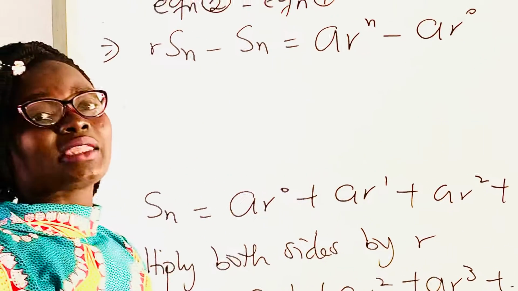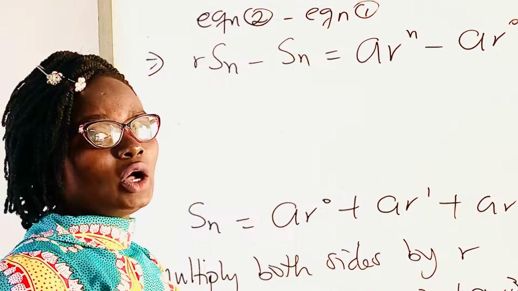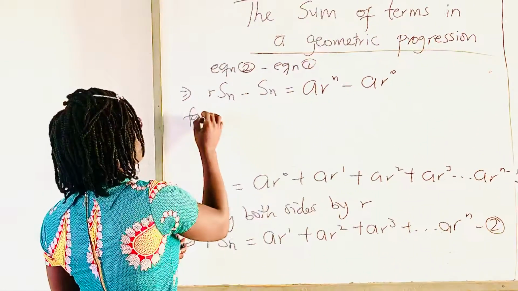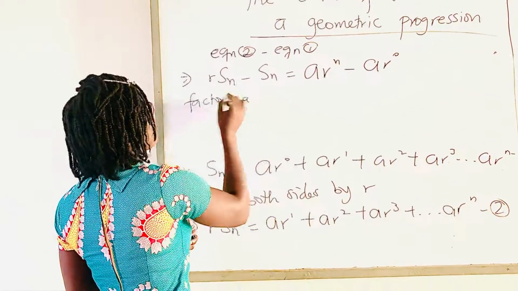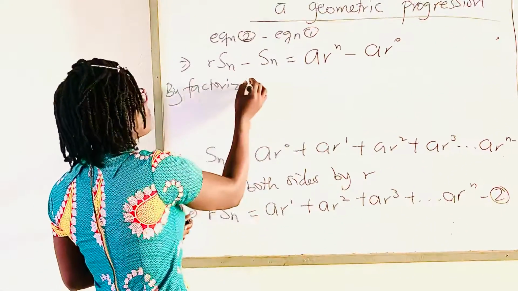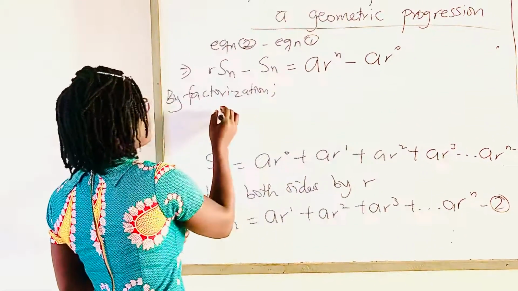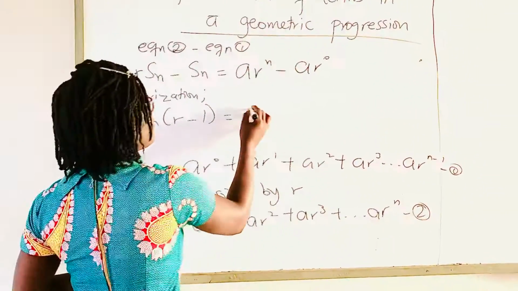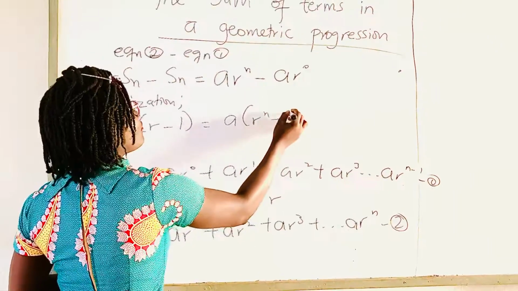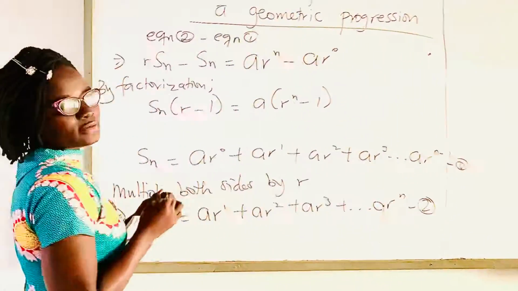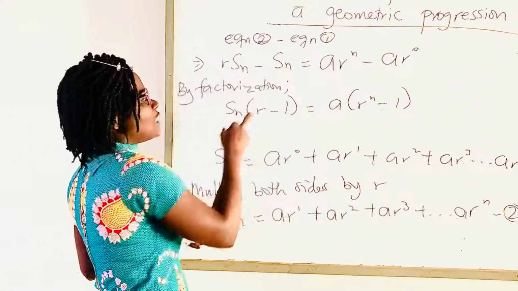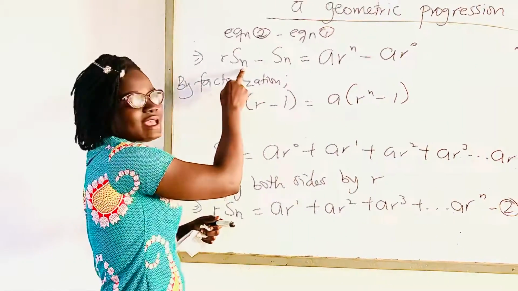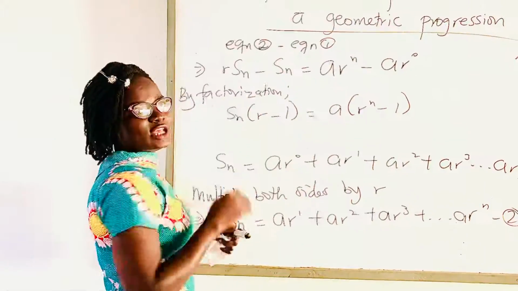We now factorize our common letters out. Great. Factorizing this out, Sn will come out because Sn is here and Sn is here too.